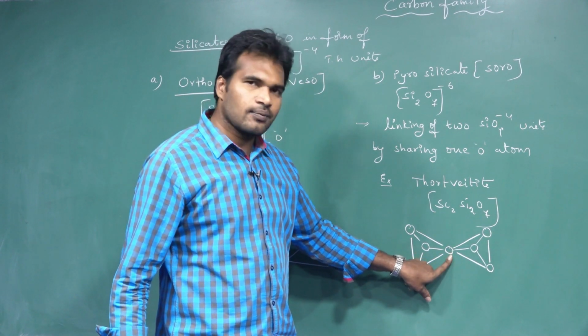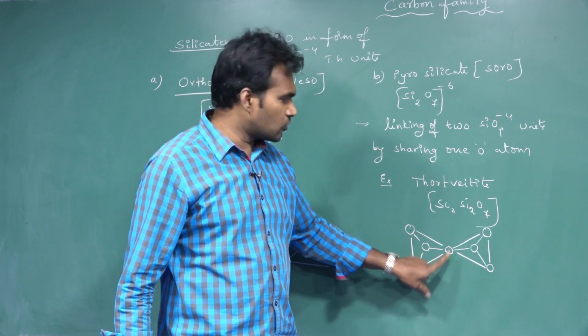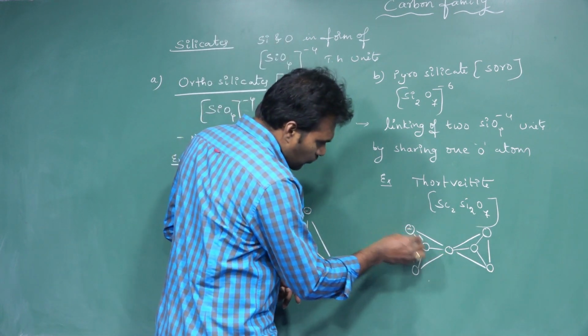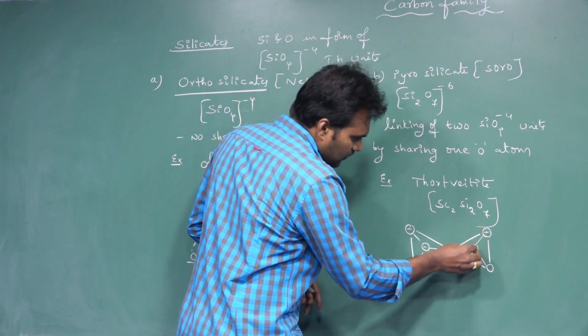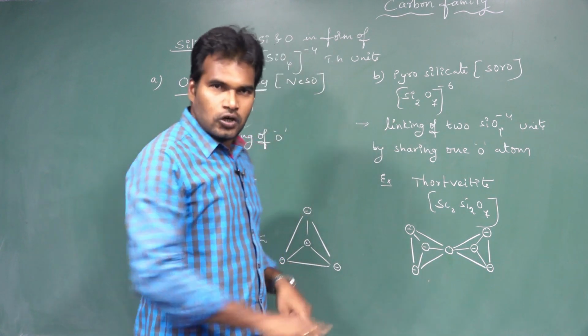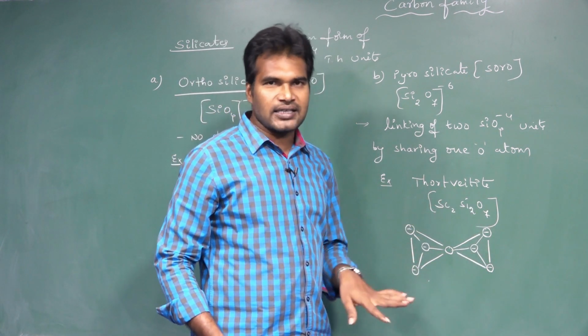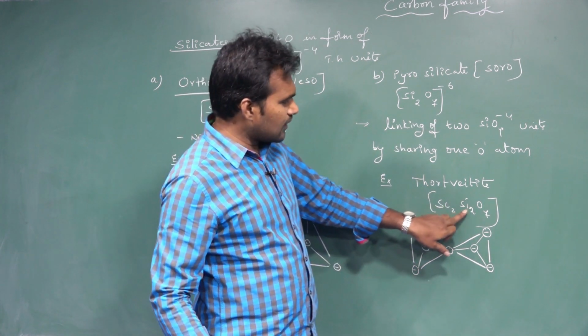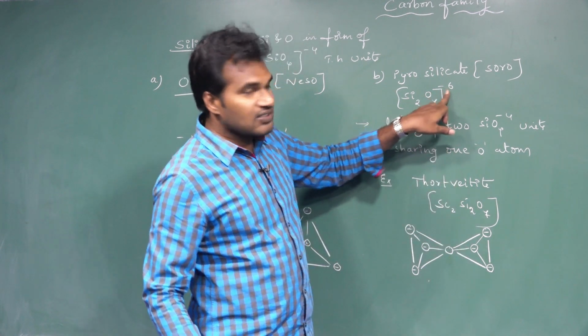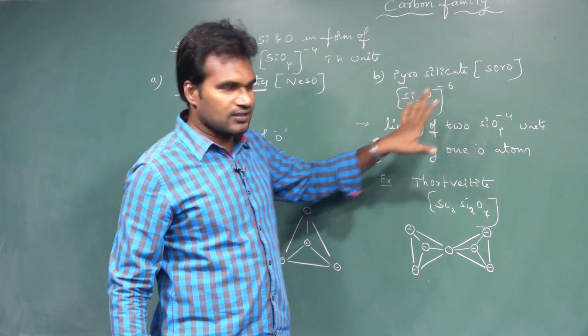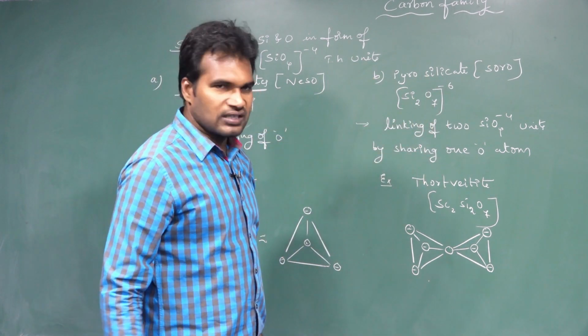If the oxygen atom is shared by 2 tetrahedral units, there is no charge on it. The charge will be only on these 3 oxygens and these 3 oxygens. Total 7 oxygens, but out of 7 only 6 have -1 charges. That is why they have Si2O7 minus 6 charge. So this is the general formula of the pyrosilicates.